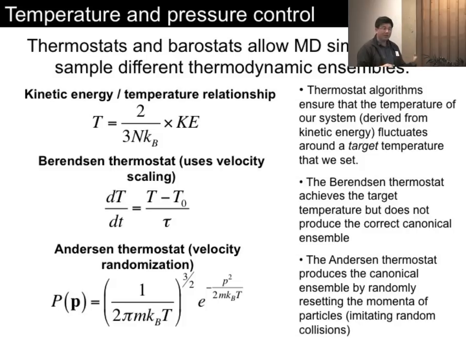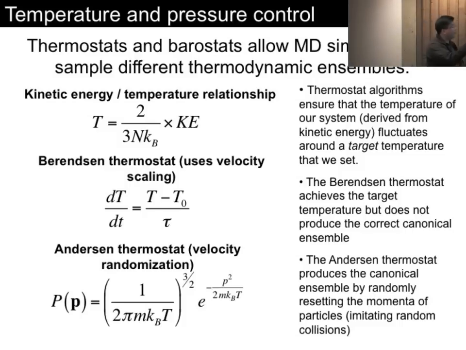The reason why I said it was challenging is that in practice you need to be very careful in order to do it right. But say you want to run a constant temperature simulation. That means there's going to be an algorithm that will make sure that the velocities of your particles, which correspond to the instantaneous temperature, are fluctuating around an equilibrium value that you set at the start of the simulation.